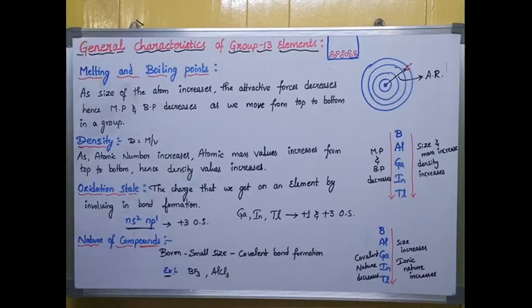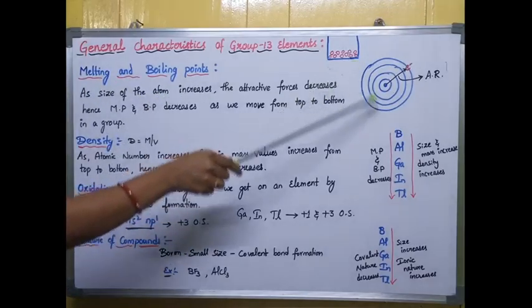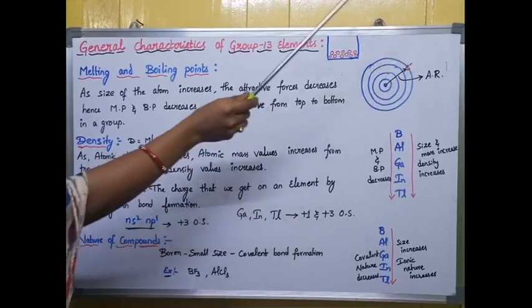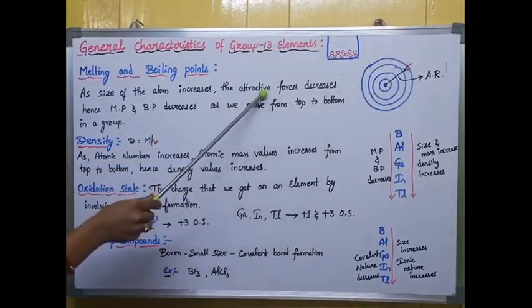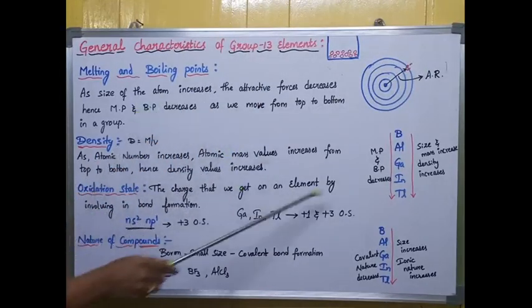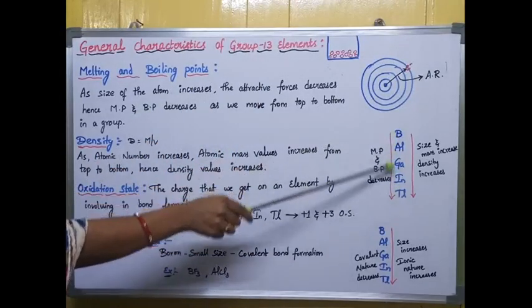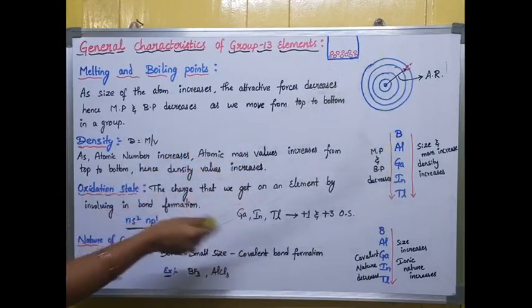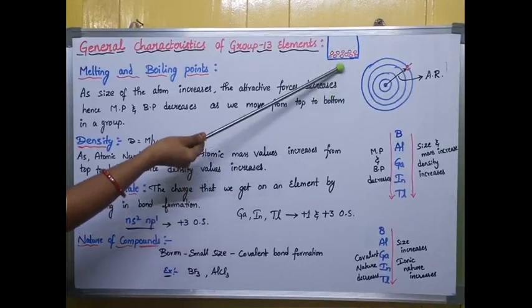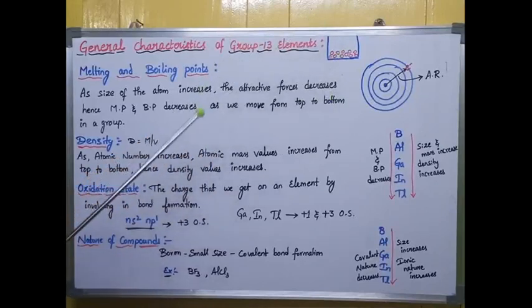Now coming to this concept, as the size of the atom increases, the attractive force between the nucleus and the electrons decreases. That means it cannot attract other atoms towards itself either. So as size increases, attractive force decreases. There is less attraction, so there is no need to apply more energy to break the forces.